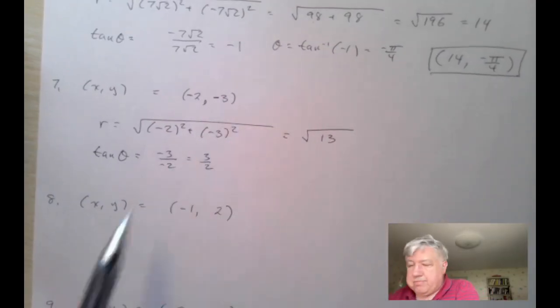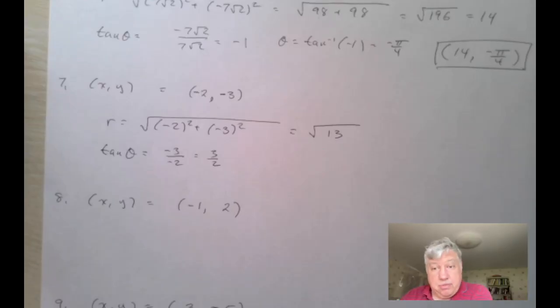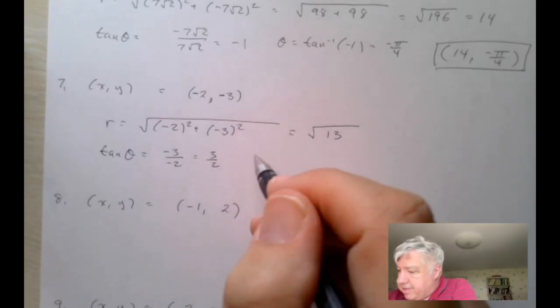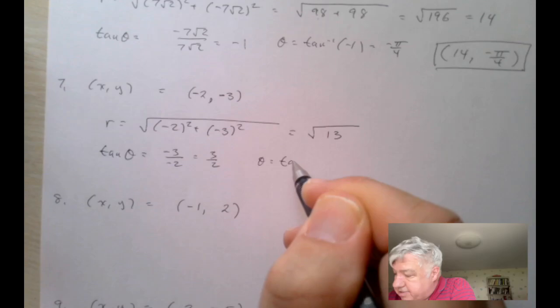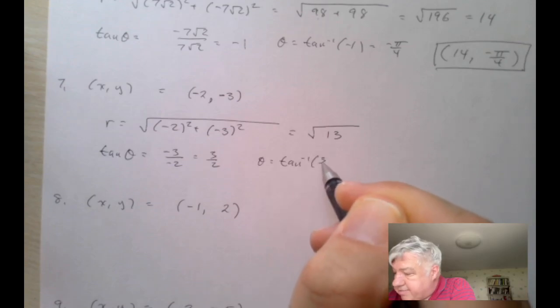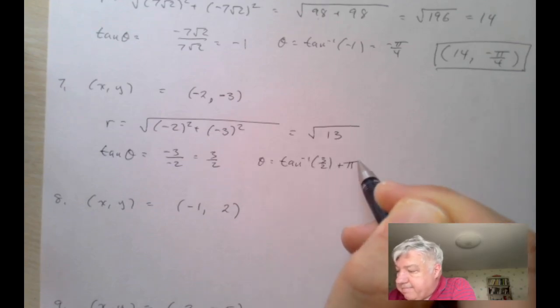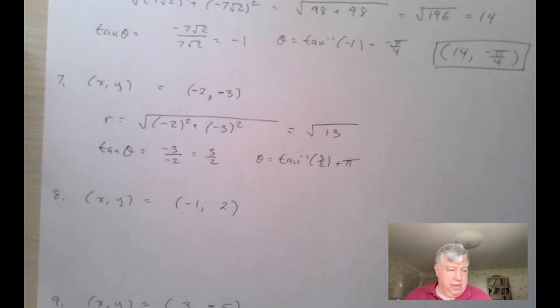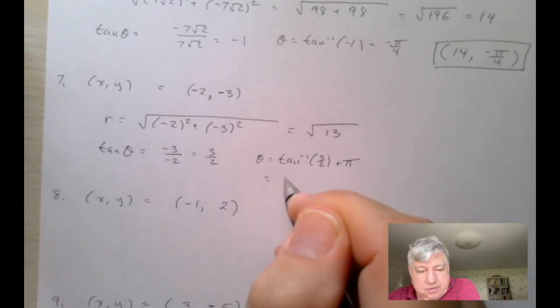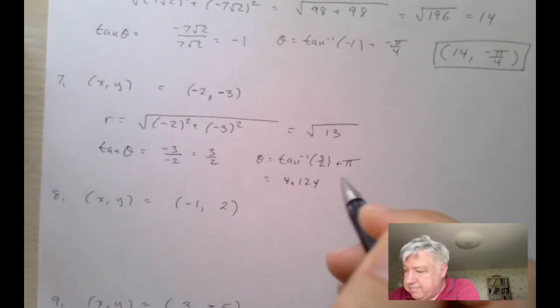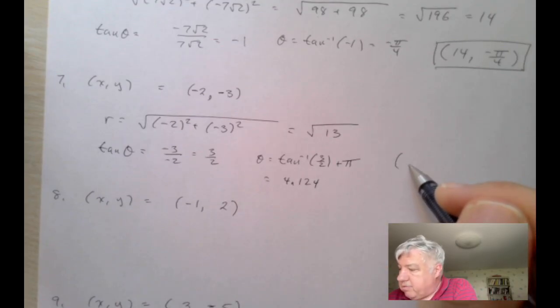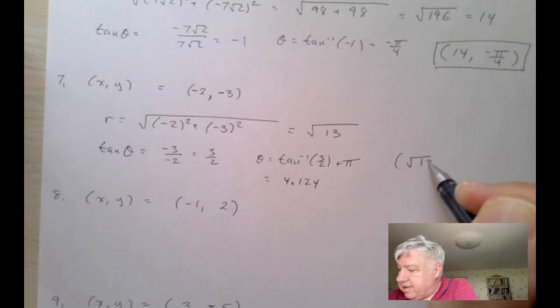And if you plot this point, it will be in the third quadrant. So theta in this case is going to be the inverse tangent of 3/2, plus pi. And this turns out to be 4.124. So the polar coordinates would be square root 13, 4.124.